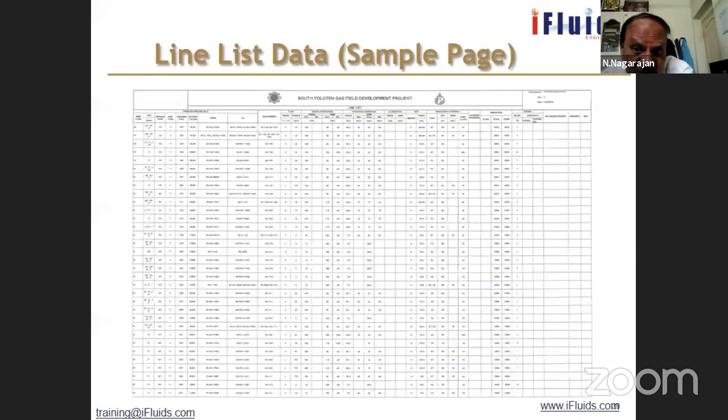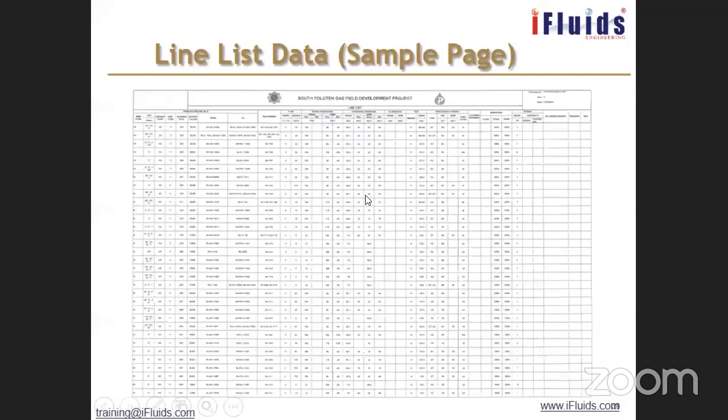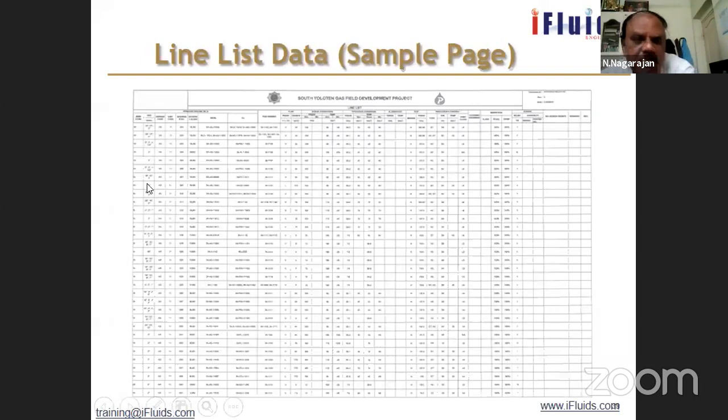This diagram may not be very clear, so don't worry. But the line list has so many columns. Even I may not be able to read here. This is one sample line list where, very importantly, you should put the line number and in which P&ID that line comes, where it starts and where it ends. Then you list the material of the line, operating pressure, temperature, design pressure, temperature, and what fluid is flowing inside, whether it is liquid or vapor or gas, and then you give the properties also.